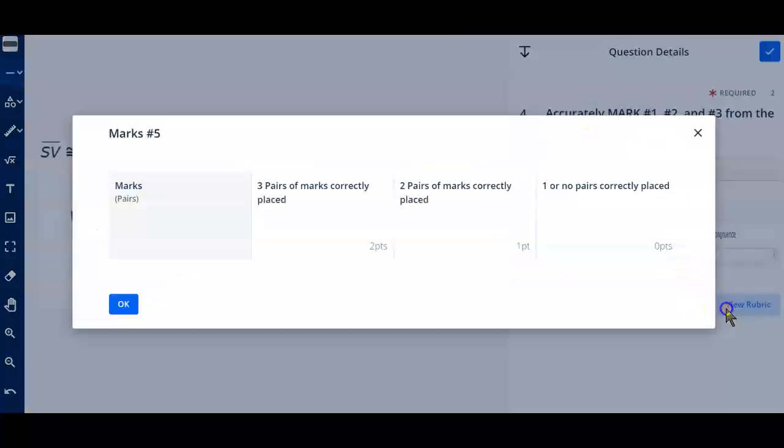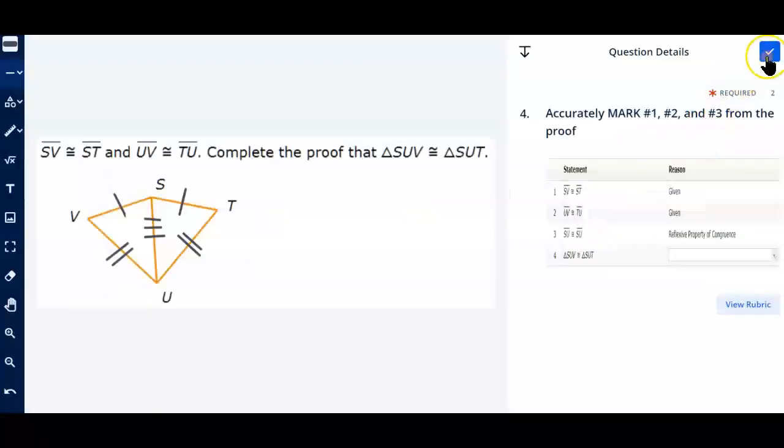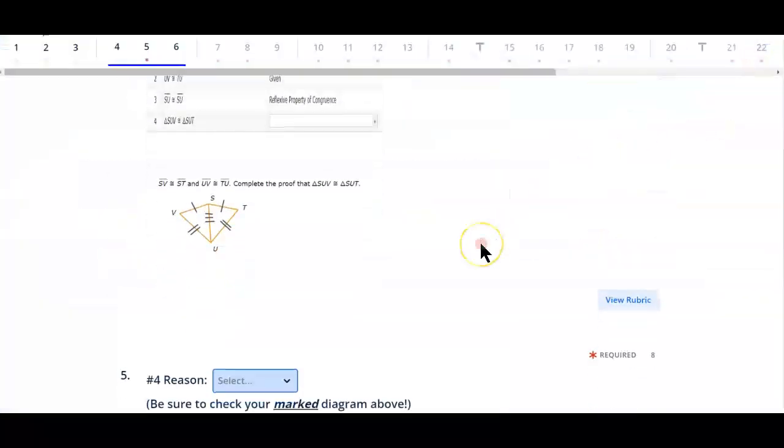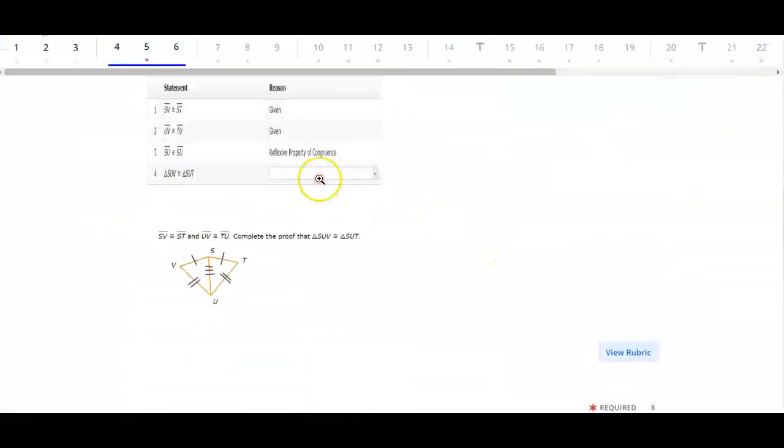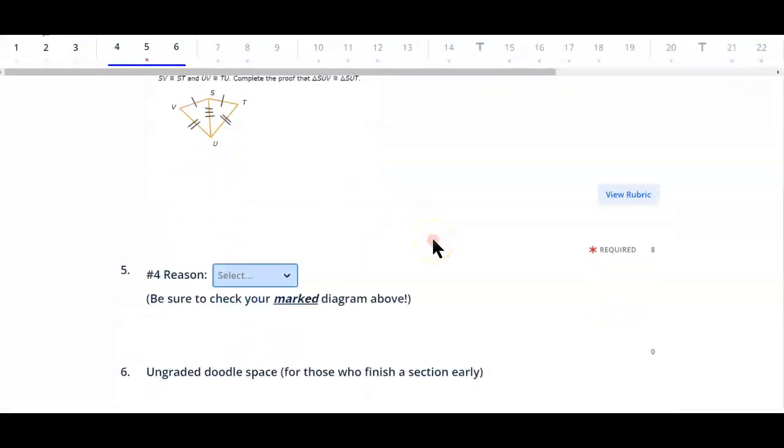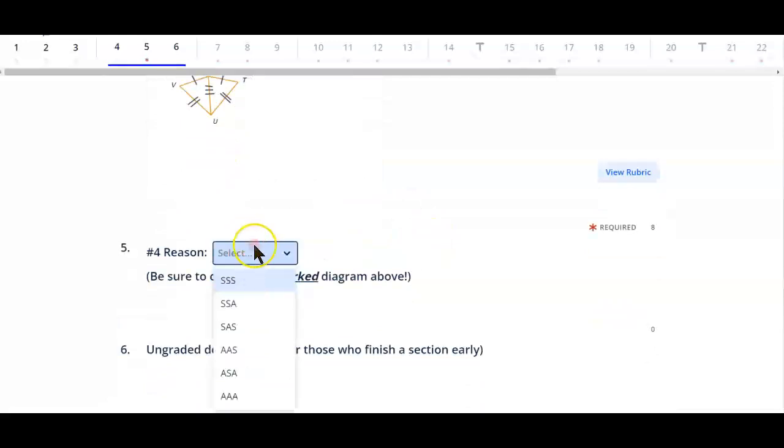Notice my rubric now gives me 2 points for having all 3 pairs of marks placed correctly, 1 point for having 2 of them placed correctly, and no points if I am missing 2 or more pairs of tick marks. With that diagram marked, looking at reason number 4, what would be my reason? Everyone go ahead and give that a try.